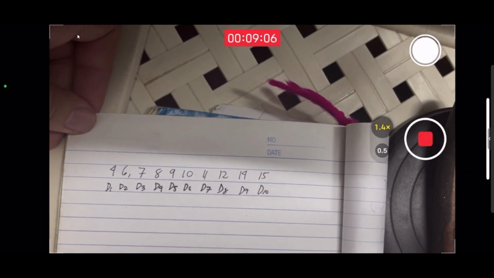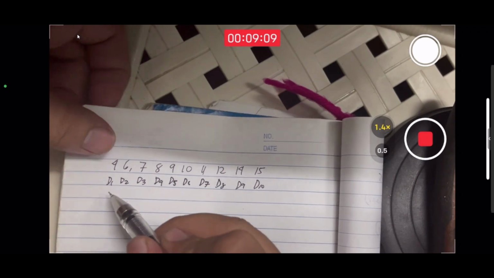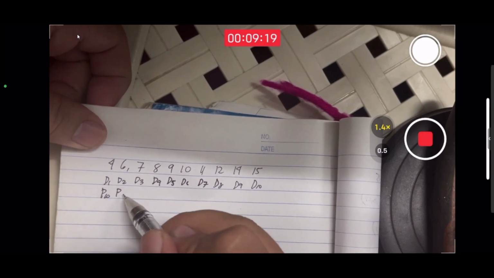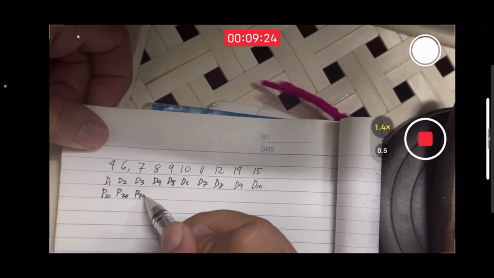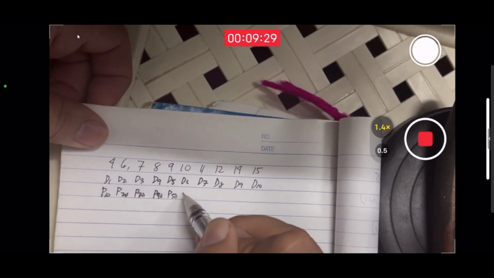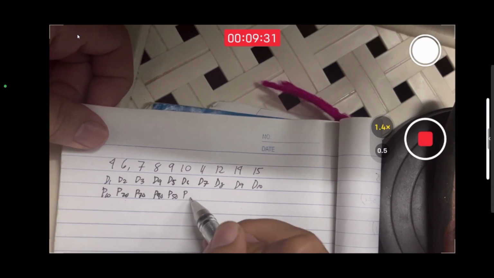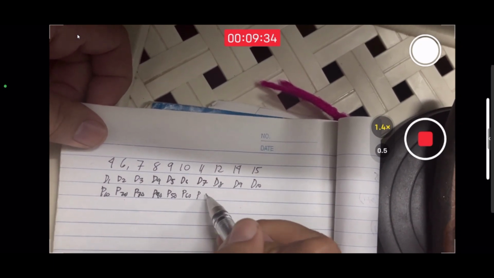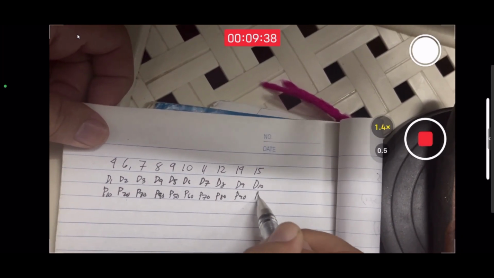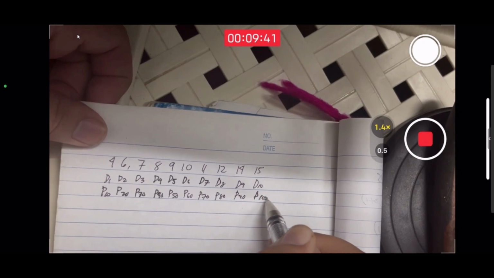But if we are going to find the percentile, these will be percentile 10, percentile 20, percentile 30, percentile 40, percentile 50, percentile 60, percentile 70, percentile 80, percentile 90, and then percentile 100.